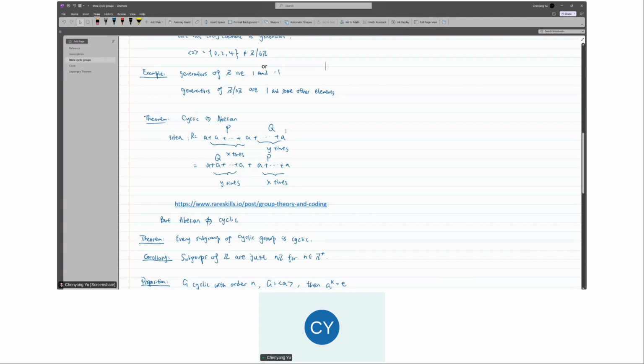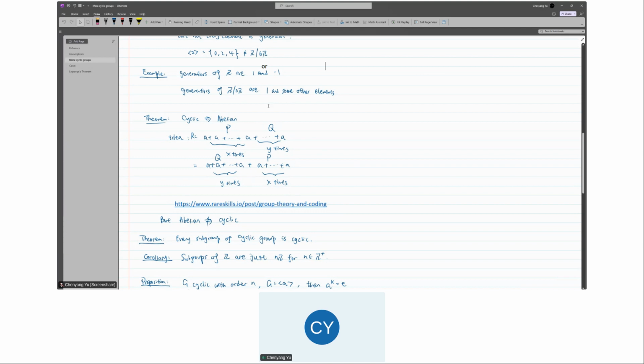So P plus Q can also be represented as Q plus P. You just flip the order here. First you add A for Y times, then you add A for X times. So this is kind of the abelian thing, okay?